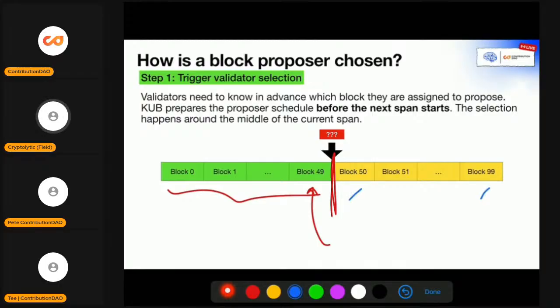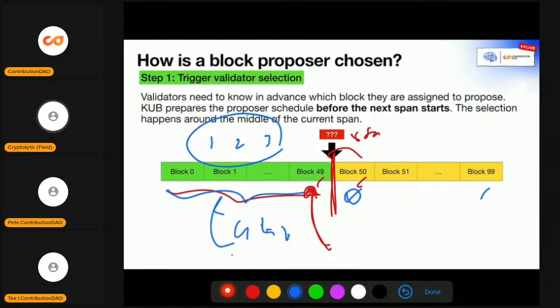But the problem is that from block 49 to block 50, you have only 5 seconds. So if you run the assigning process here, and this span only has nodes 1, 2, 3 as proposers, and nodes 4, 5, 6 just joined in between, maybe at block 50 when you run the assigning process, validator 4 gets assigned here.